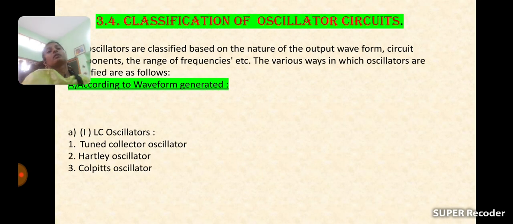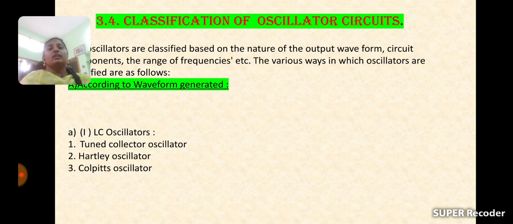And see here, coming to the next topic. The oscillator basics are over, what the requisites are is over, and also what the conditions of an oscillator are is also over. So next one is what? Classification of oscillators. According to various factors, oscillators may be classified into many types.